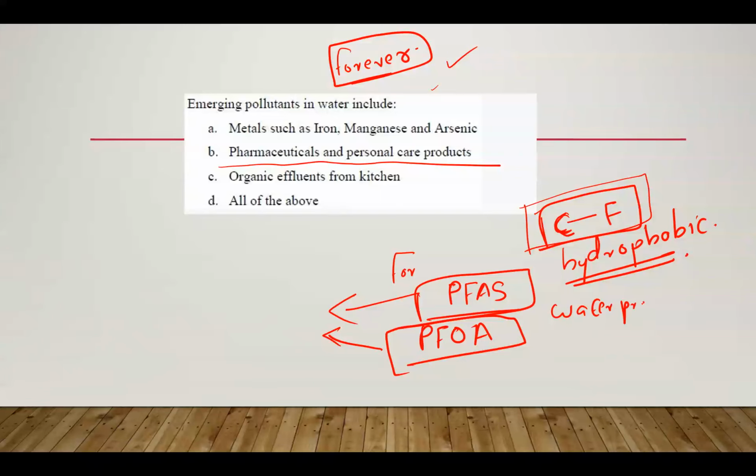You have seen waterproof clothing. Have you heard of this thing, waterproof clothing? In waterproof clothing, this particular element is present, the C-F group. This is very dangerous and it actually causes health effects.